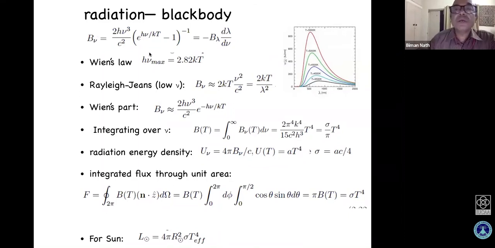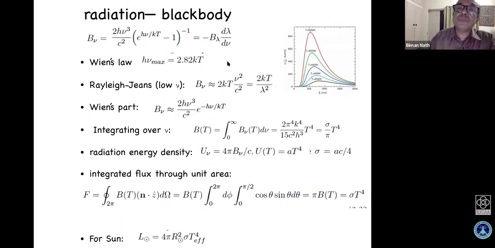And as you know, a black body radiation spectrum is of a particular shape, the Planckian spectrum, and this is how it goes as a function of nu, when it is written as per unit frequency, but you can also write it as per unit wavelength.